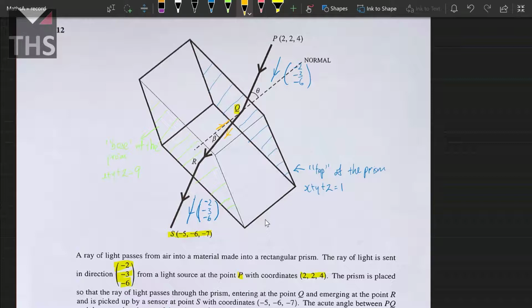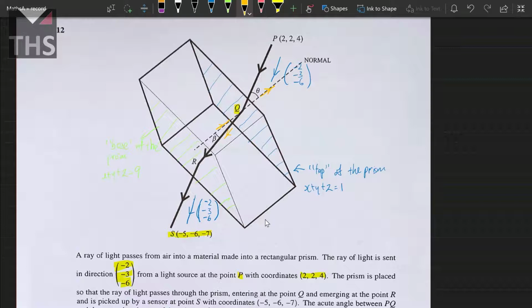So for completeness, just now when you have the direction vector -2, -3, -6, this normal vector is pointing out like that. So remember, normal vector always points out from the plane. So if we define the top of the plane, we define this outside like this.